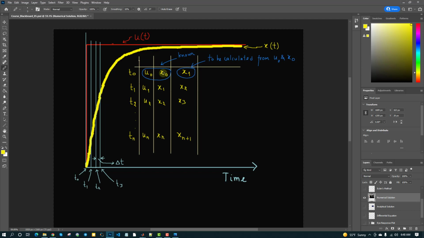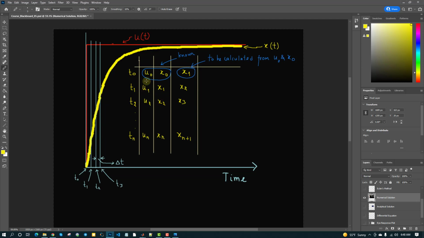You take these two known values and use a numerical integration formula to find the system response x1, which is the system response at time t1. So you go to the next time step, t1. We already know the input stimulus, which is u1, and we know the system response at t1, which is x1.